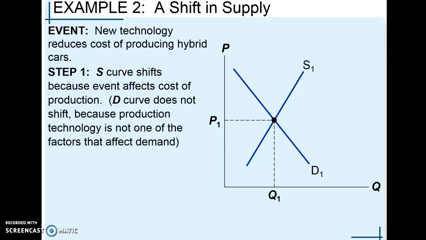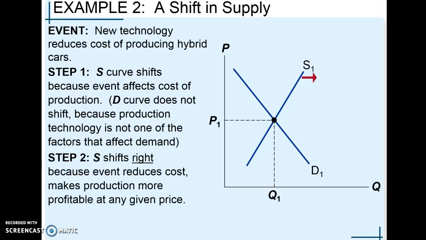In this example, we're looking at a shift in supply. We have new technology which reduces the cost of producing a hybrid car. The S curve is going to shift to the right because new technology affects the cost of production. The demand curve is not shifting in this case.